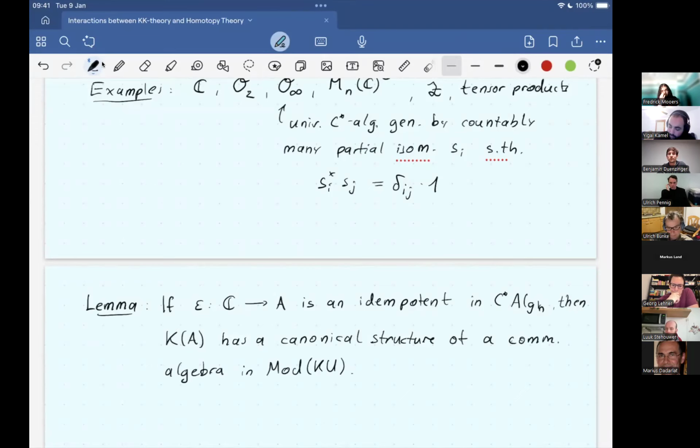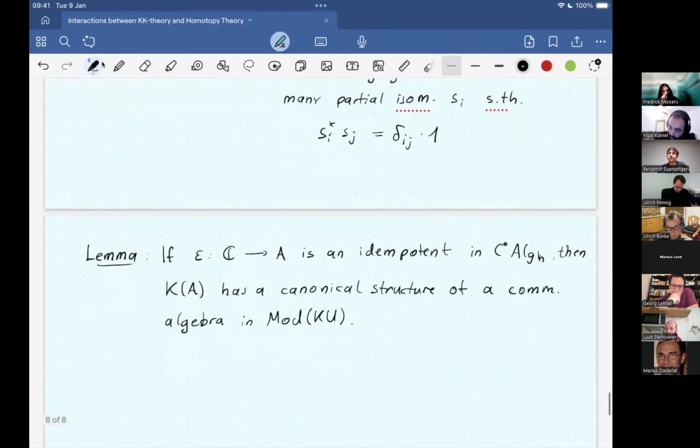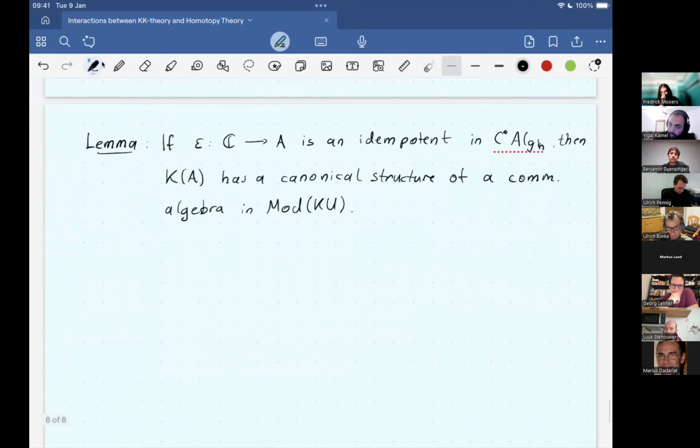That's something you wouldn't expect. In general, if I take the operator algebraic K theory of a C-star algebra, the best thing you usually get is just an abelian group. But here, because you start with one of those idempotents, you get an additional ring structure on K theory, and you see this on the level of spectra.